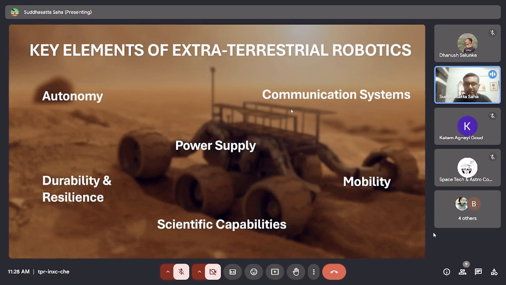Sometimes there are communication delays, and as you already know, the planets we explore are very far away from our Earth by very large orders of magnitude, and therefore there should be some degree of autonomy in whatever the rover does on another planet or another celestial body.